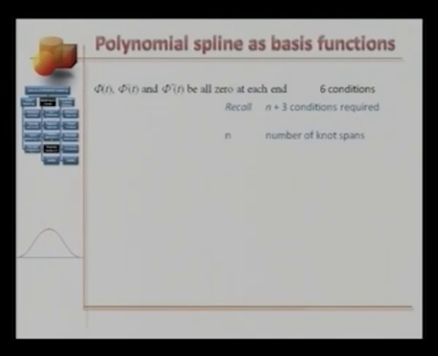We had just seen that we require n plus 3 conditions to completely determine a polynomial spline. Here n is the number of knot spans, for which there would be n plus 1 knots in total.